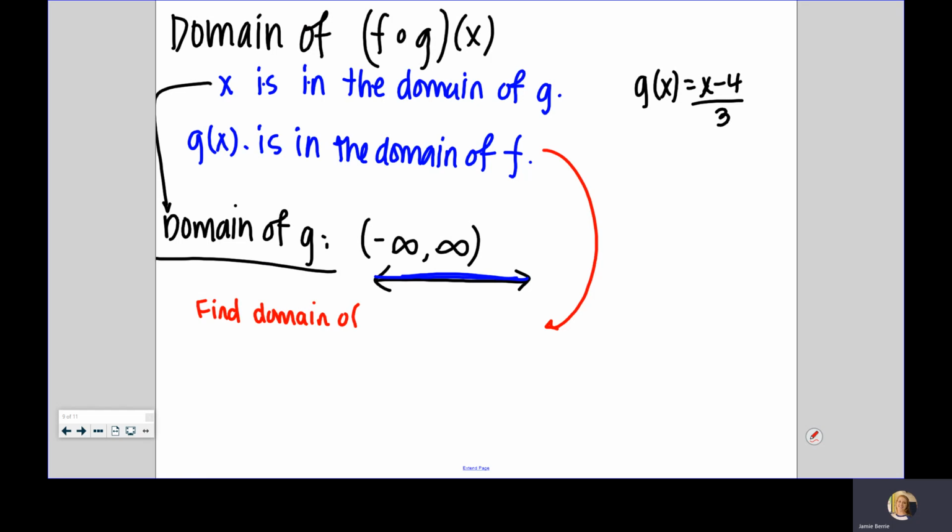Find the domain of f like normal, and then replace x with whatever your formula is for g of x and solve.